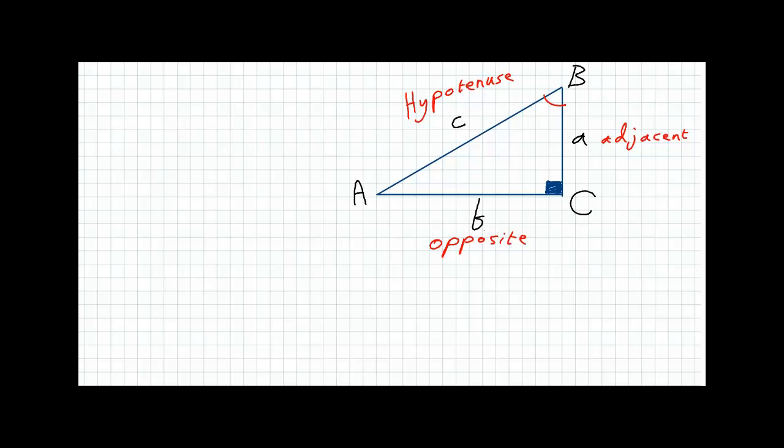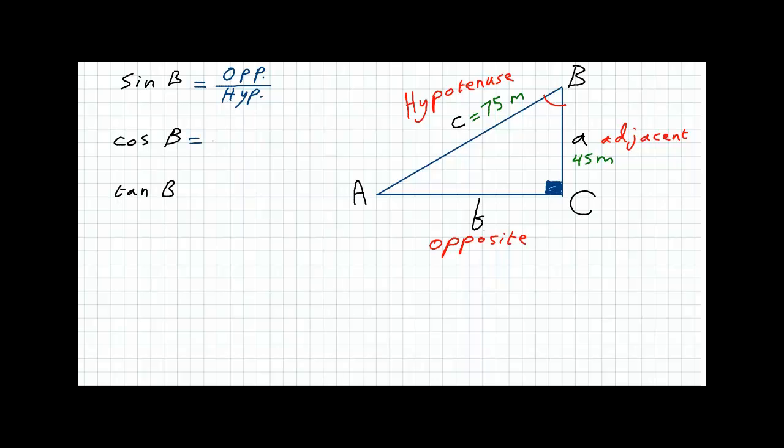Suppose that we have a right triangle as the one shown to you, where the length of the hypotenuse is 75 meters, and the length of side a is equal to 45 meters, and we want to find sine of angle B, cosine of angle B, and tangent of angle B. To find sine B, you need to divide the length of the opposite side to angle B by the hypotenuse.